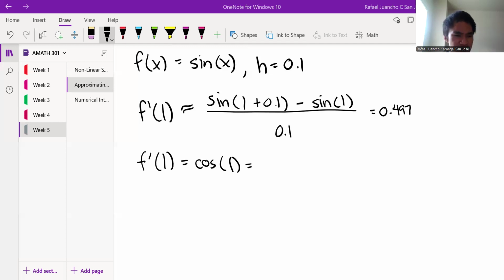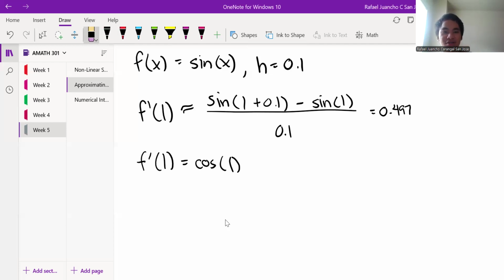Wait, is it just pi over 6? No, it's not pi over 6. Wait, what? Oh, cosine of 1 is, yeah, that's the exact value.